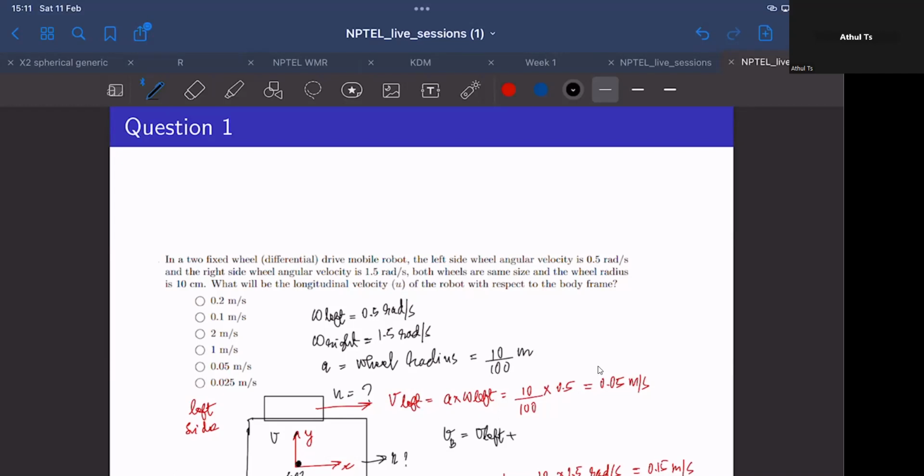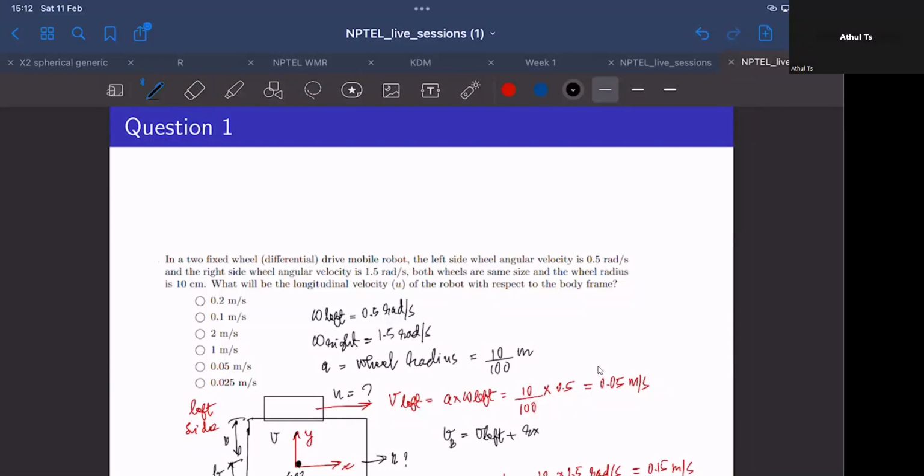Let us assume that to be r times the distance between the body frame B and the extreme left position. Let this distance be b, so that the entire width of the robot would be 2b.